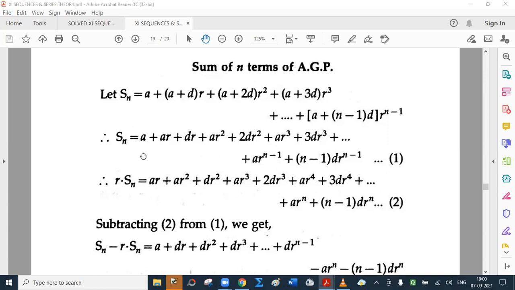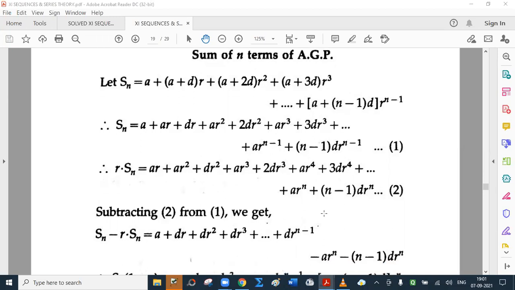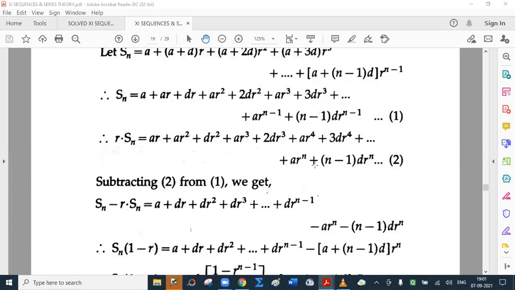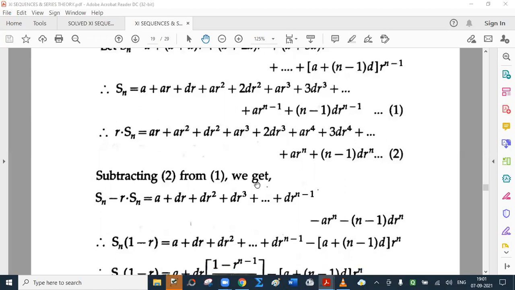Subtracting 2 from 1, Sn minus r Sn. See what remains is a, because ar gets cancelled, ar square gets cancelled and so on. So a plus dr, then actually from 2dr square is subtracted, so dr square, dr cube up to dr raised to n minus 1, minus (n minus 1) dr raised to n. Remaining terms get cancelled.